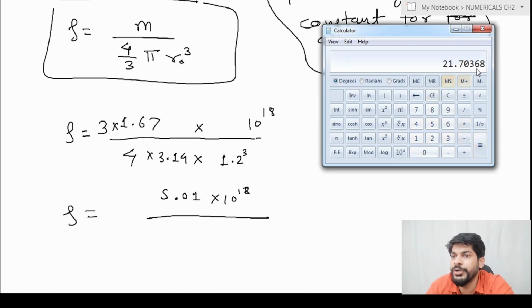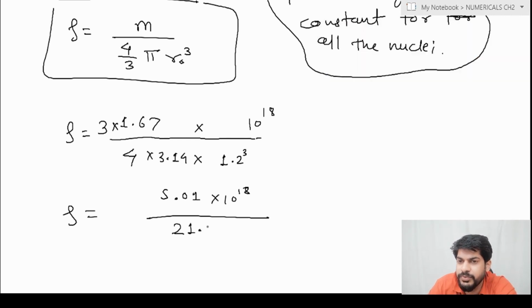This is 21.70. Right now we are not concerned with the significant figures, so let's not care about that. We are just estimating actually. We are not talking about the exact measurements. This is just some approximation actually. So in this way we have calculated this.